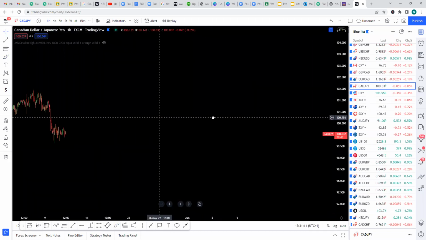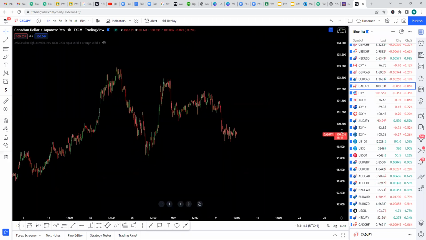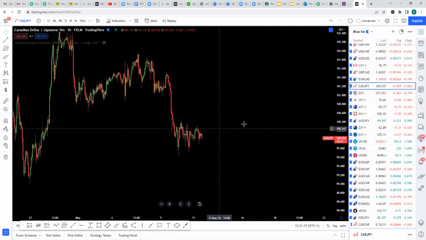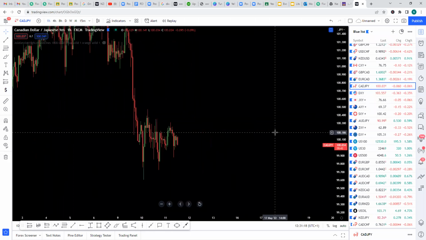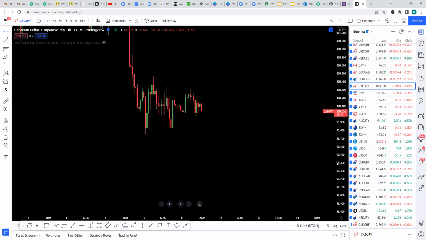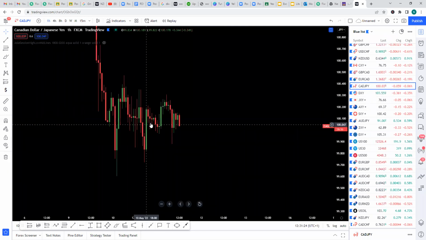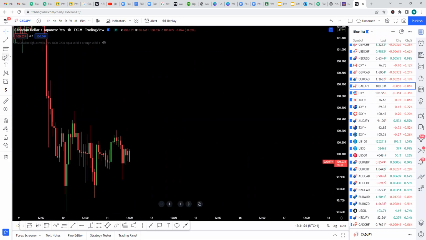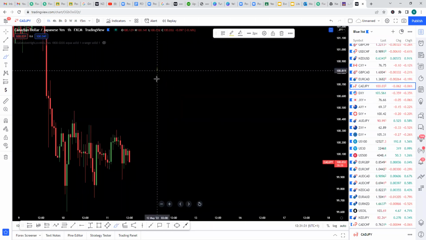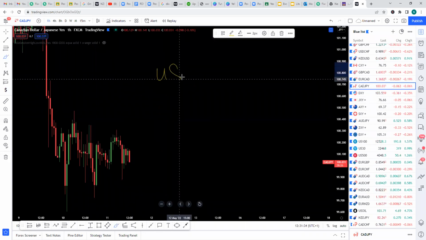Now what you need to understand next is how interest rate is related to currencies. How is interest rate related to currency? You need to know this. Let's look at it this way. For instance, let's use the example of USD.